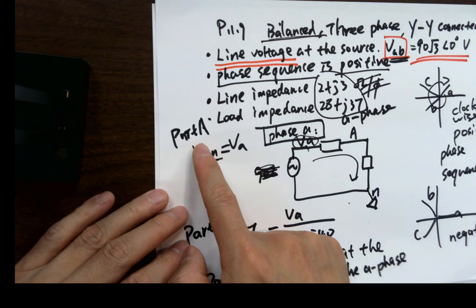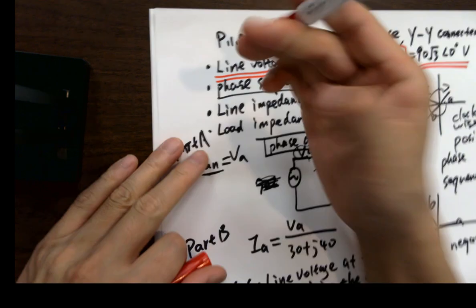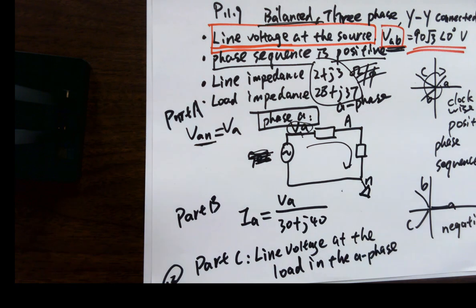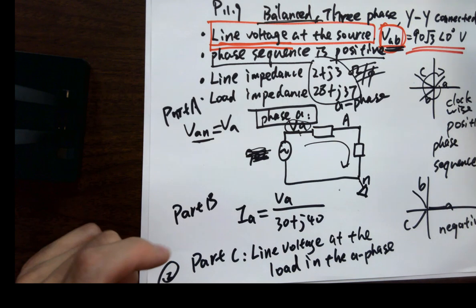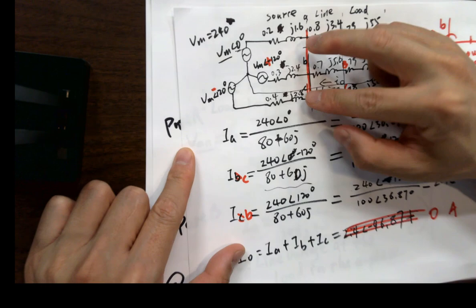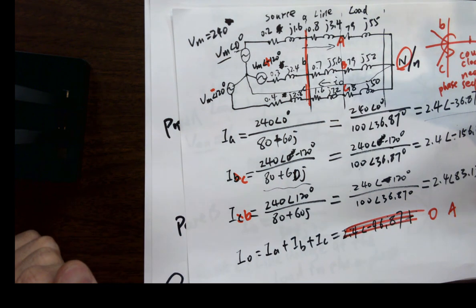See part A, what did we do here? Line voltage at the source. Line voltage at the source. And eventually we are calculating VAB. That's the line voltage at the source. See? Line voltage is the voltage between lines. Okay, it's an easier way to remember it.